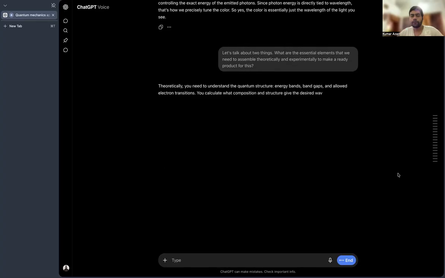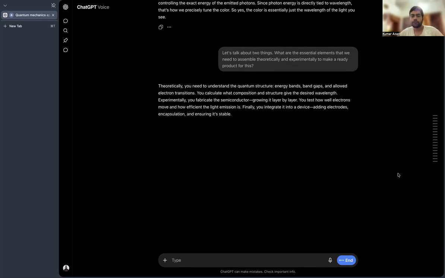You calculate what composition and structure give the desired wavelength. Experimentally, you fabricate the semiconductor, growing it layer by layer. You test how well electrons move and how efficient the light emission is. Finally, you integrate it into a device, adding electrodes, encapsulation, and ensuring it's stable. In short, theory sets the design, experiments refine it, and then engineering turns it into a reliable product.